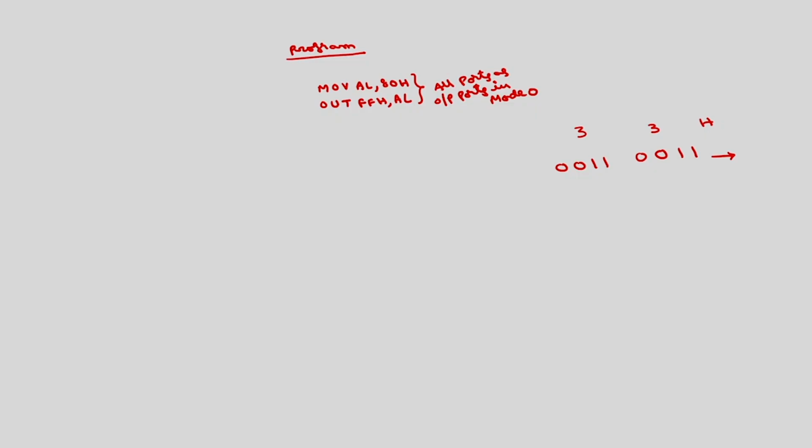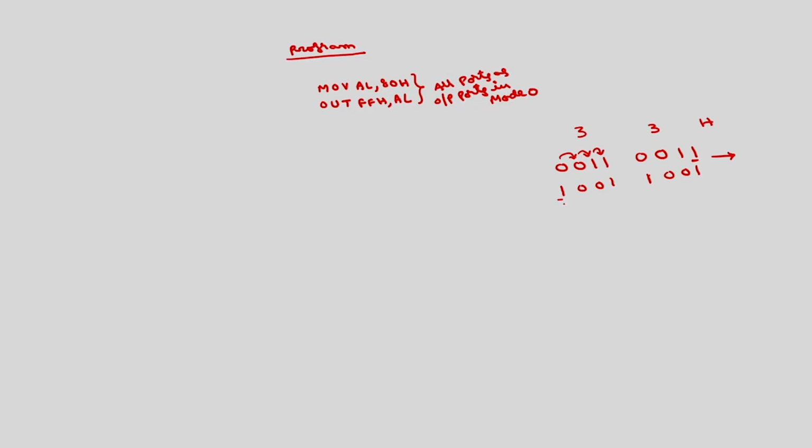After the first rotation this becomes 1 0 0 1 1 0 0 1. The last bit goes to the first bit position, so this 1 comes to the front. This is the sequence after the first rotation.